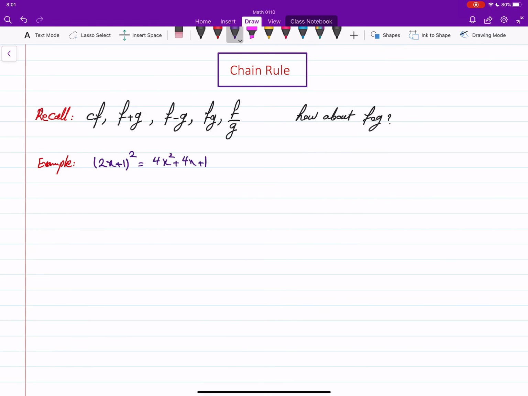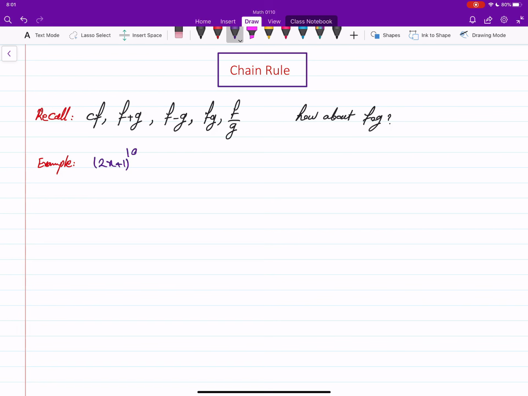But let me change my example. How about to the power 10? Yes, you can expand, definitely, but it will take forever. And if your expansion is correct, at the end you're going to have a huge derivative.